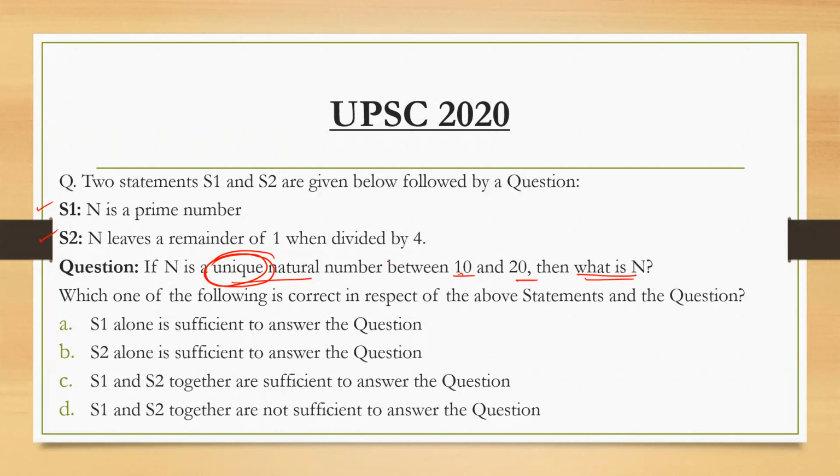So you find out what is that value of n. Try this one. This is the second last question, and with this, we will end this topic. Try solving this.